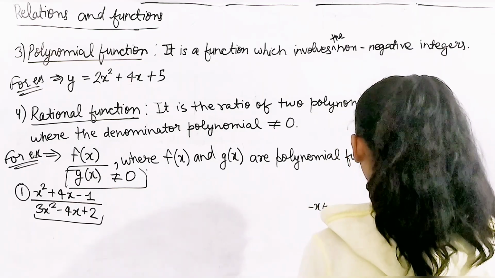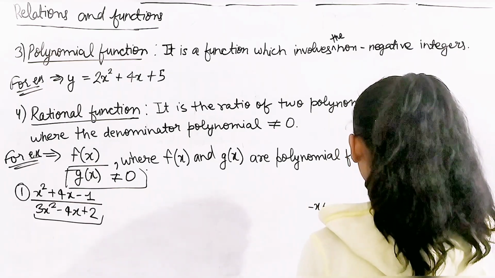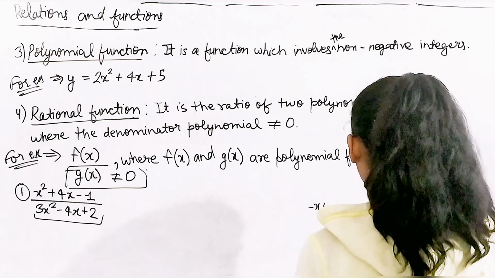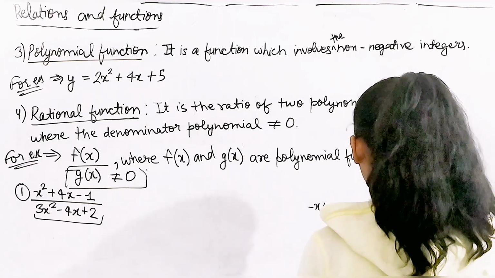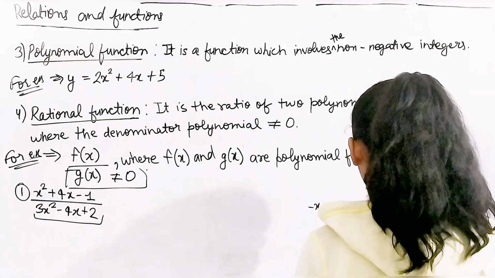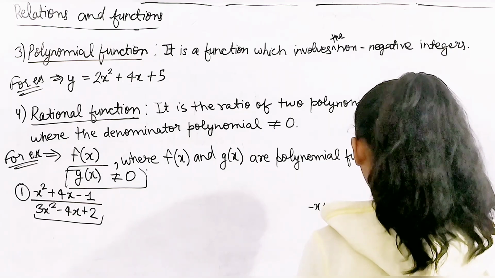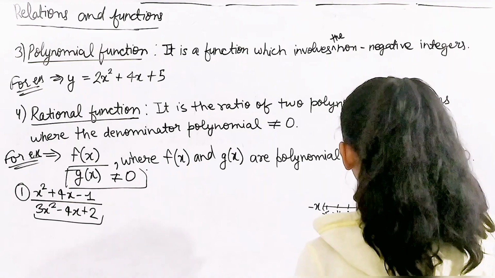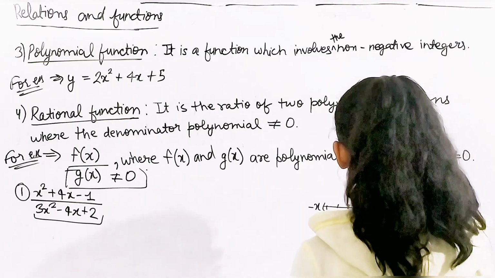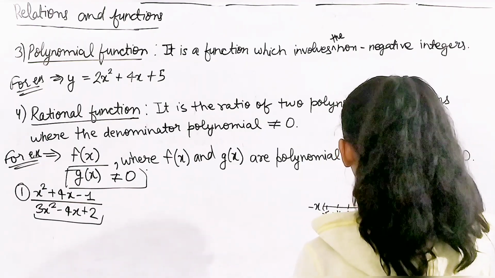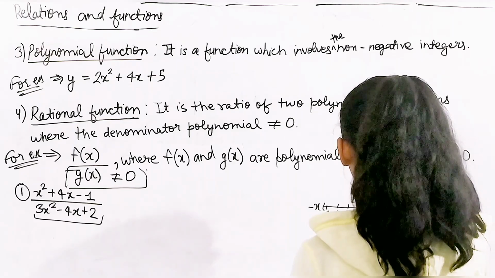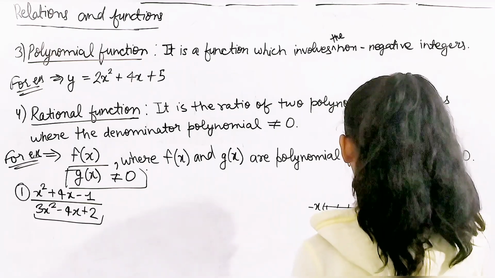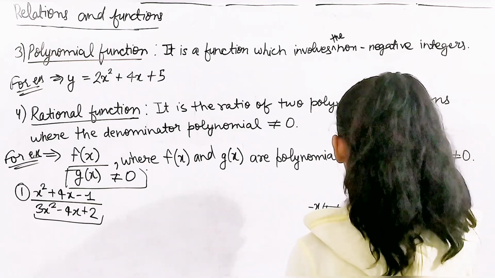In here, negative 1, negative 2, negative 3, negative 4, and negative 5. Okay? And here we'll have our origin. And here I'm going to say 1, 2, 3, 4.